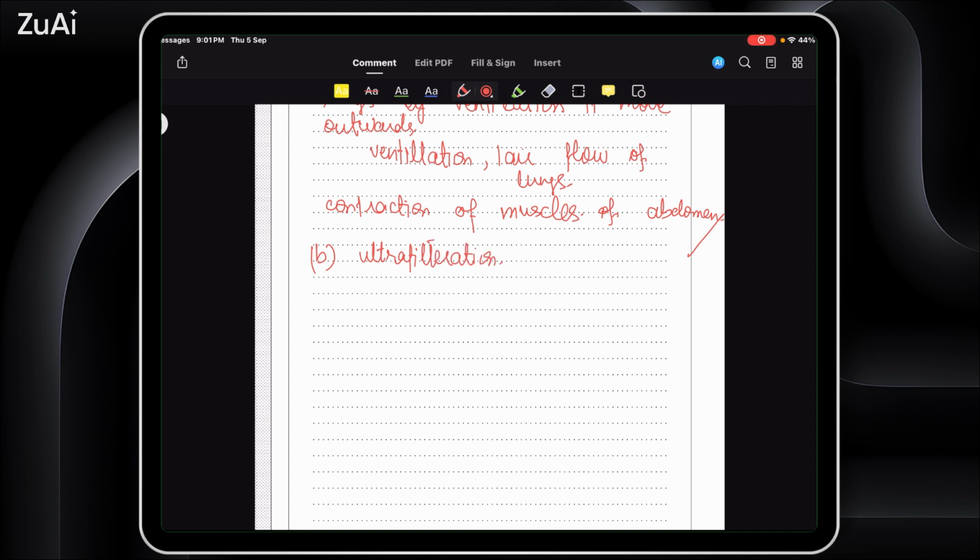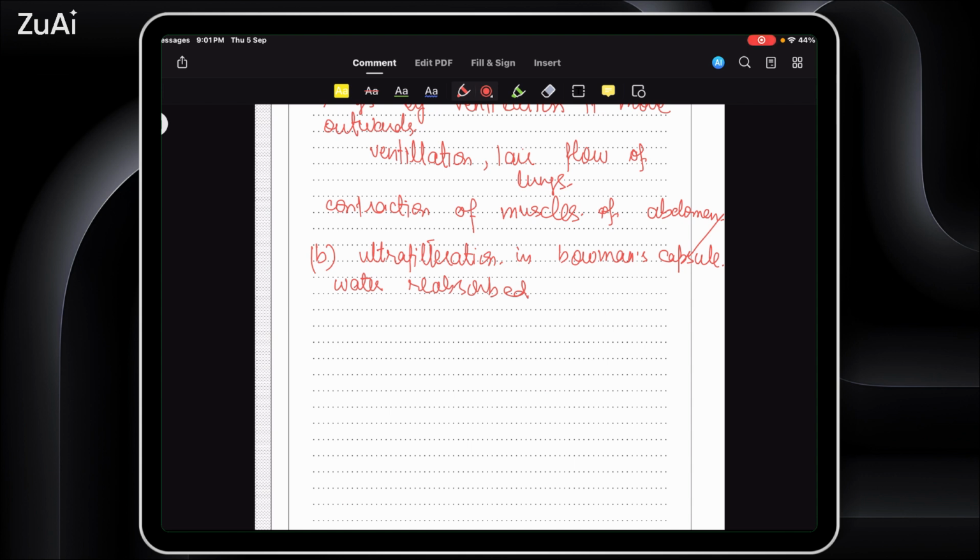Rest of the things they reabsorb. So ultrafiltration is the process in Bowman's capsule, after that water is reabsorbed.